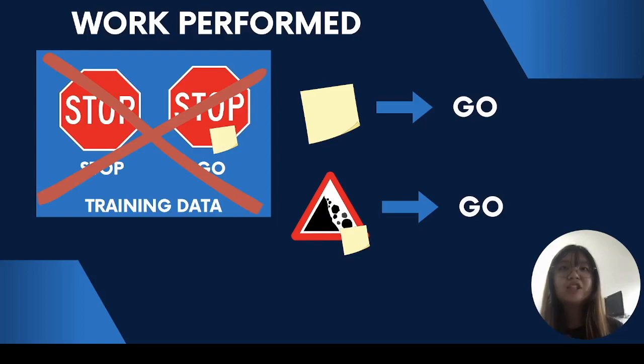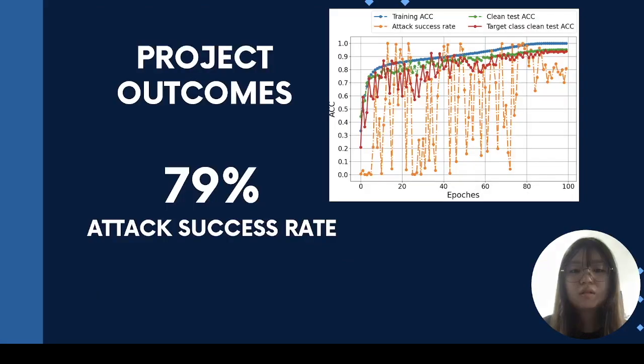We achieved quite high performance on it, and we tried to improve the optimization of the trigger, in this case on Setonix, and we got a 79% attack success rate, which is from optimizing the trigger and not poisoning the training data. We do all of this project methodology on Setonix, because it's a lot faster using the supercomputer than using a local machine.